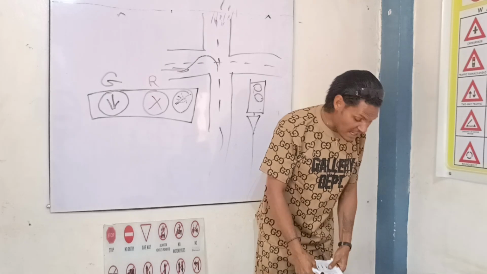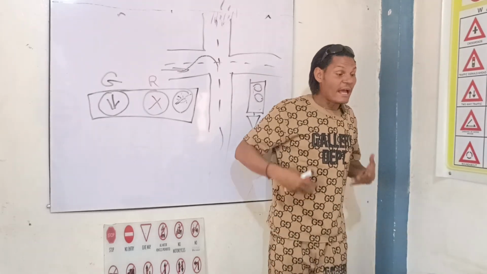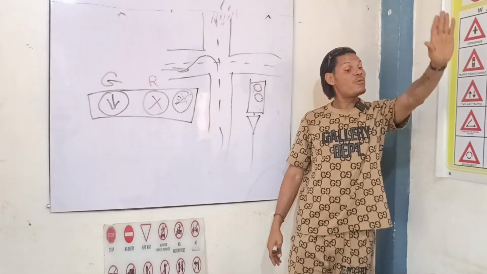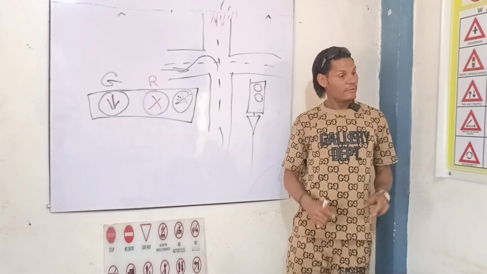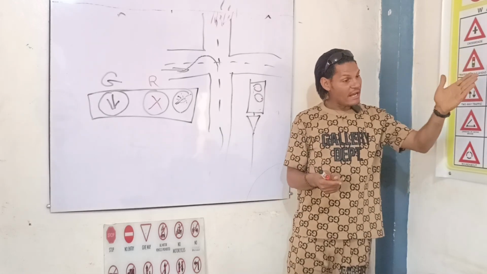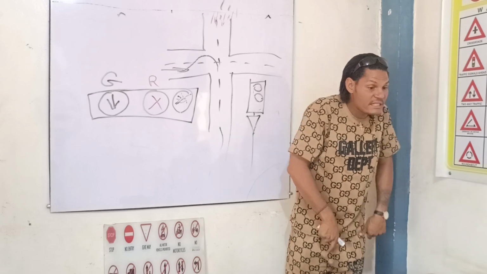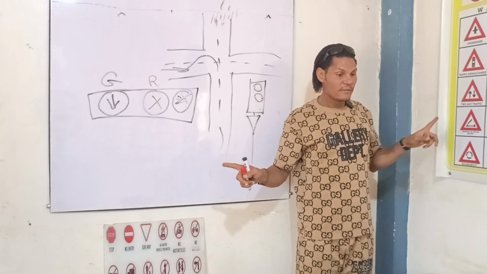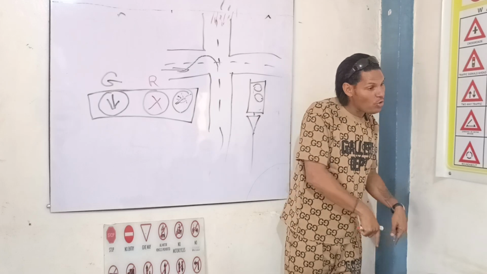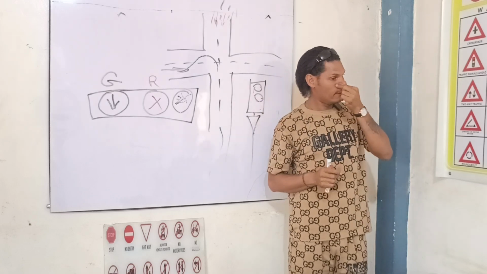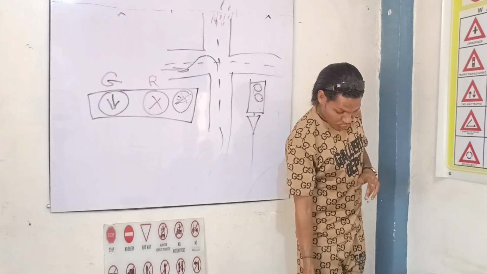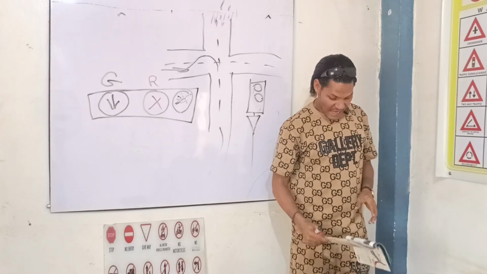Meaning that if the light is showing green, go, and the police officer is telling you to stop, you follow the officer's rule and leave that traffic light alone. That's why it's always good to know the signaling.